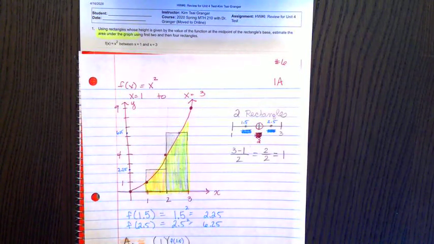So here's how we're doing that problem. The first stage involves finding an estimate. Using the rectangles to estimate the area is really about understanding how to find these areas.